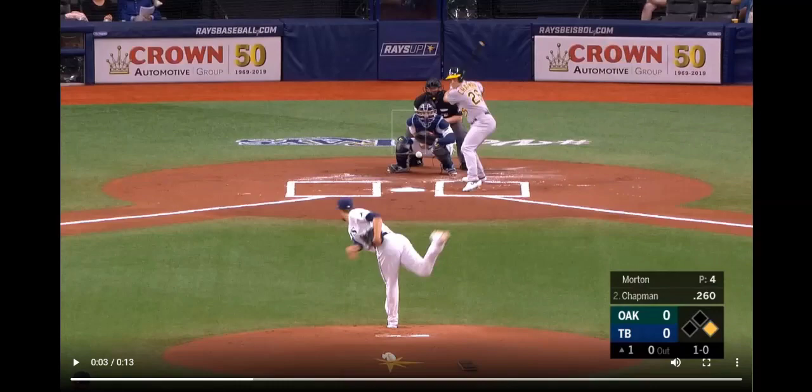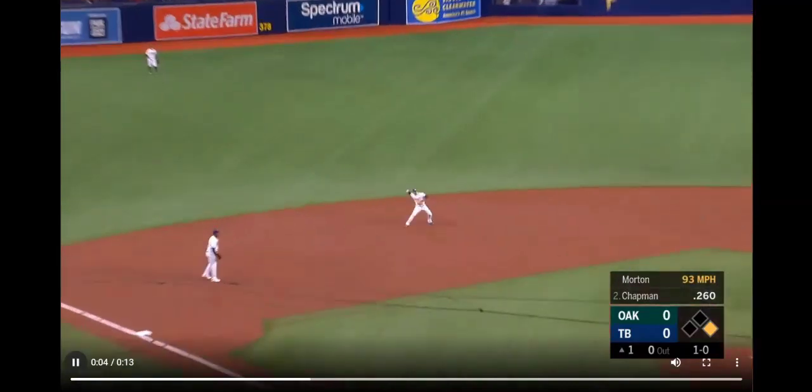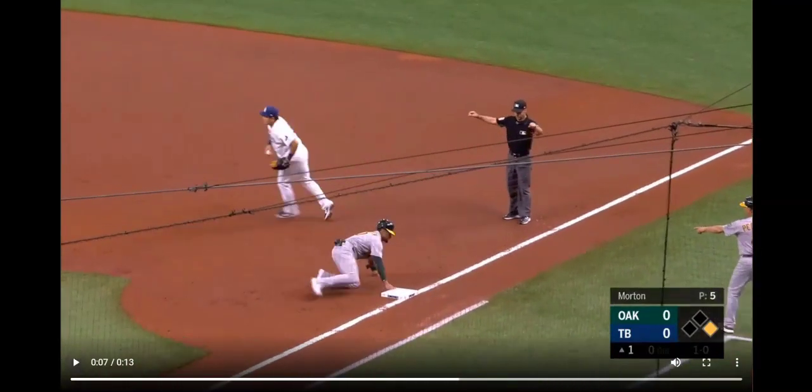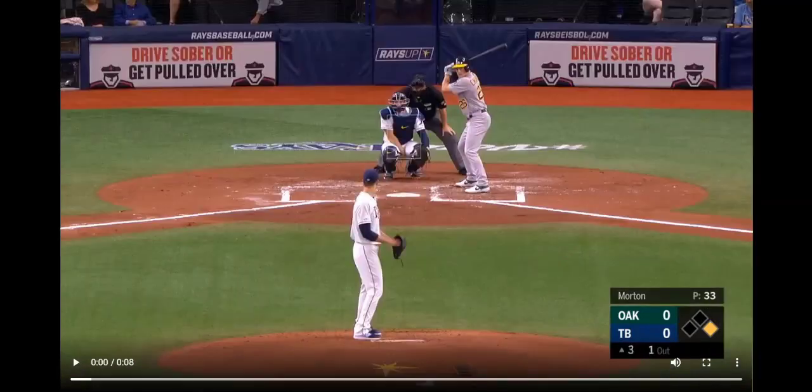And given that we thought that he would be a little bit more patient, even if this is a strike, it's not really a pitch that you would think that he would do super well with. So yeah, I don't really know what to take from that, but what we will take from it is that Chapman was ready for the fastball. He was not just sitting on a curveball, and that he might not be as patient as we thought.